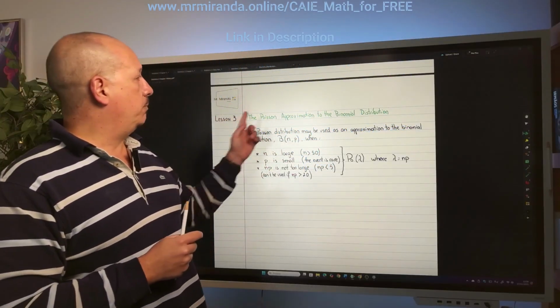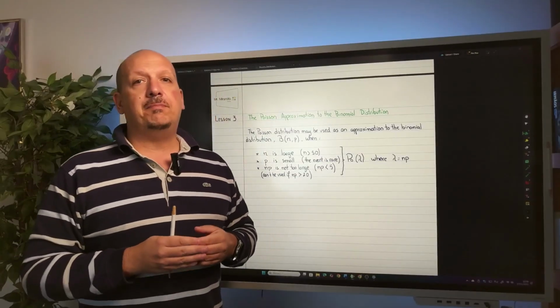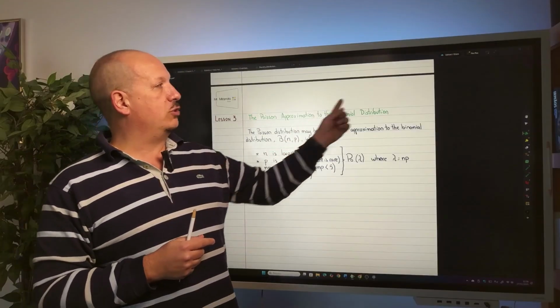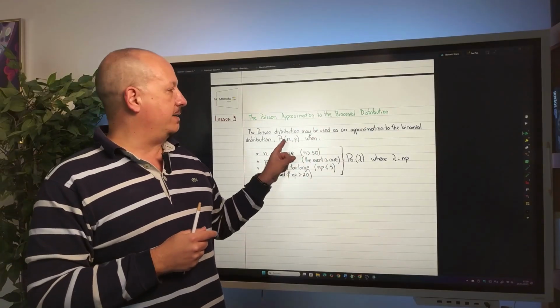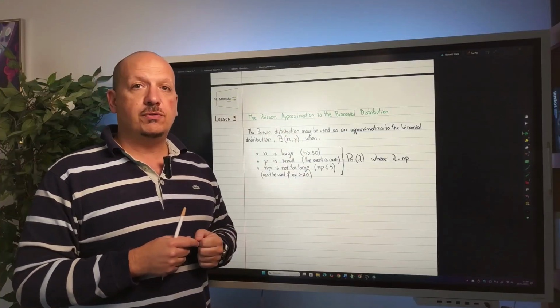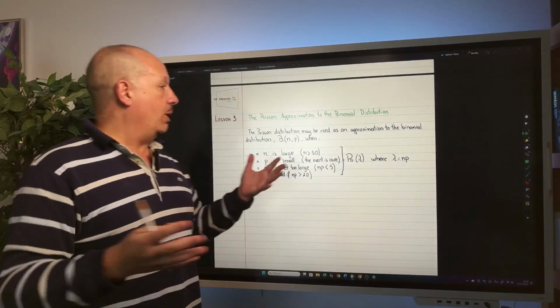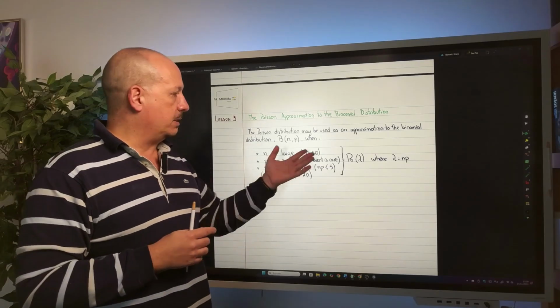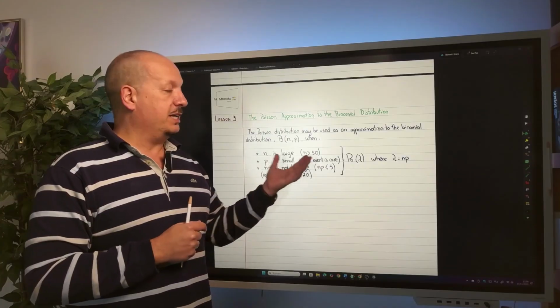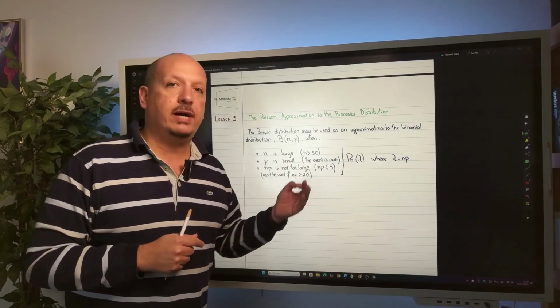Luckily, the Poisson distribution can be handy in these circumstances, because you can approximate the binomial distribution with the Poisson distribution when n is very big and p is very small. What are the conditions? n has to be large, typically bigger than 50. p needs to be small, that is, the event must be rare.